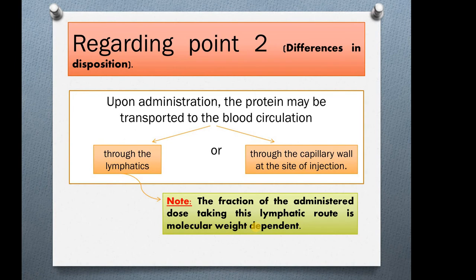Regarding number 2, which is difference in disposition: the transfer or change of the disposition of the drug between the blood and the lymphatic circulation. The drug reaches the lymphatic circulation through the lymphatics depending on molecular weight, and reaches the blood through the capillary wall at the site of injection.